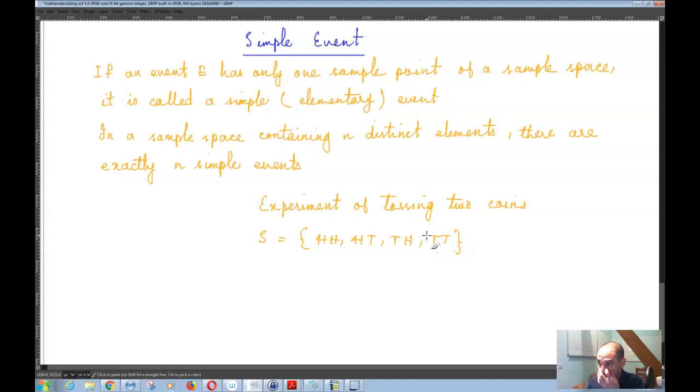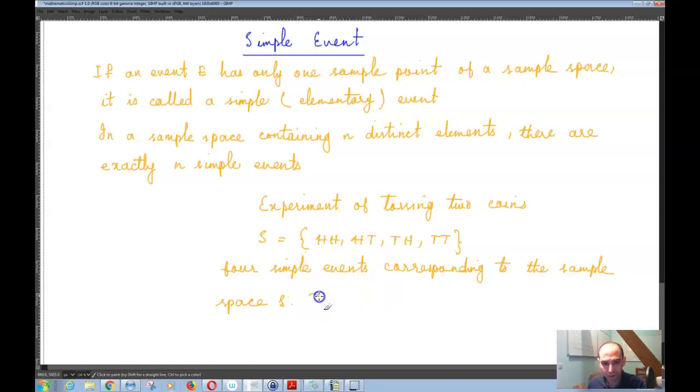So now there are 4 simple events corresponding to the sample space S.